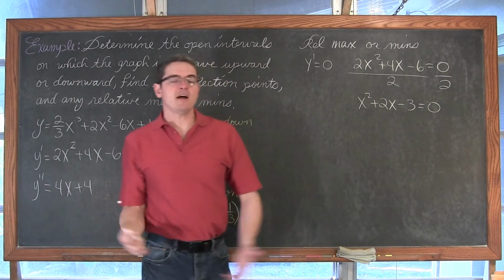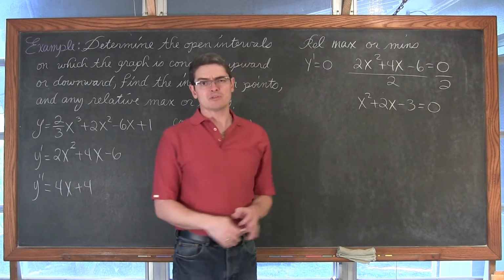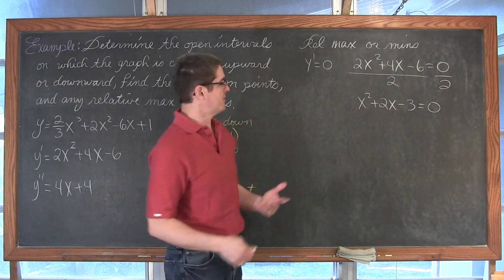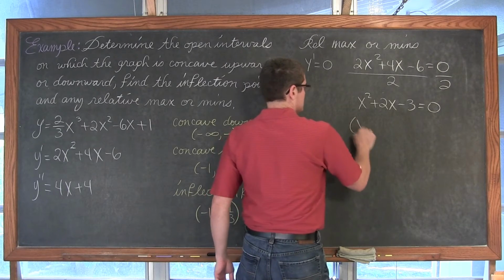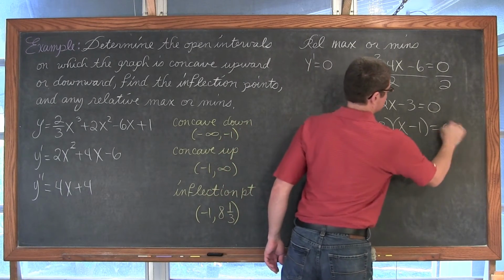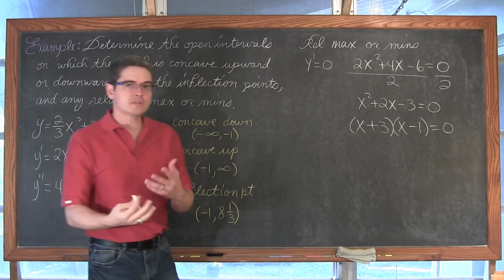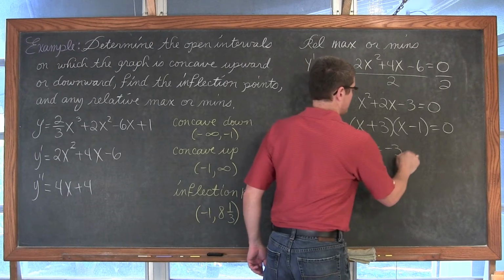Of course, we can solve it by factoring, we can solve it by completing the square, we can solve it by the quadratic formula, but I knew I was going to have to do this in an example in the video and right in front of you off the top of my head, so it's pretty easily factorable. So this is going to be x plus 3 and x minus 1 is equal to 0. So our first set of critical values we have here is x is equal to negative 3 and 1.